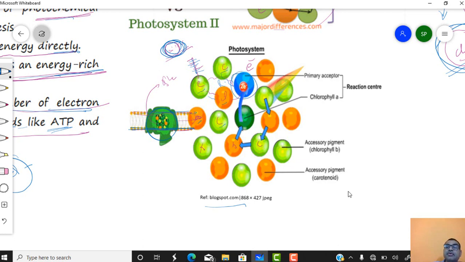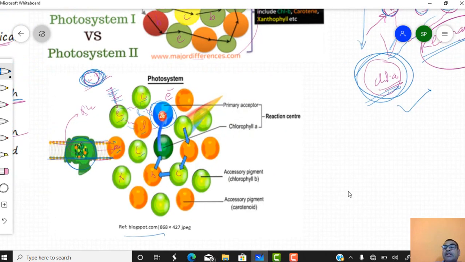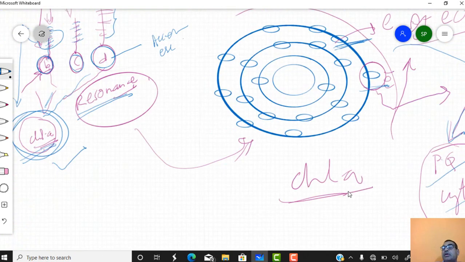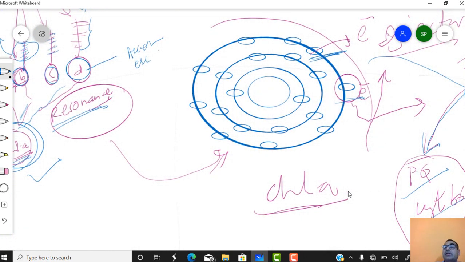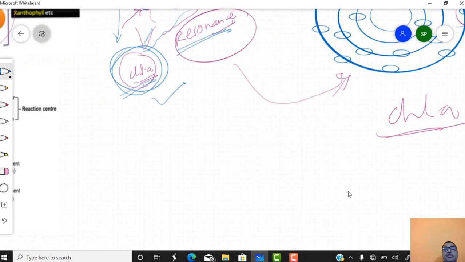When it absorbs the photons of light directly or through these accessory pigments, it gets excited. After excitation, it emits an energy-rich electron from its outermost orbit, and this electron is captured by electron acceptors and then electron carriers in the process of photosynthesis.